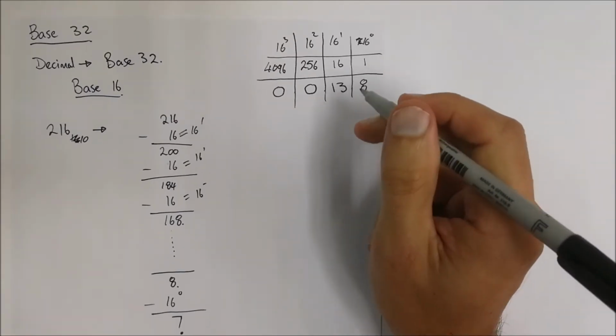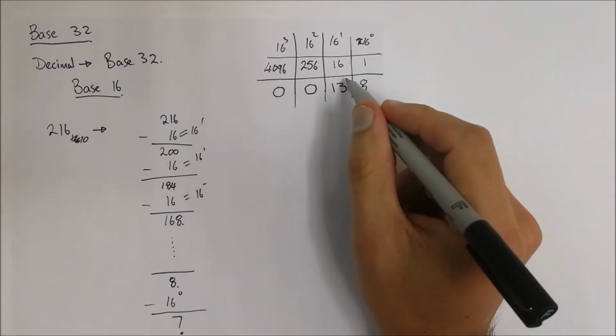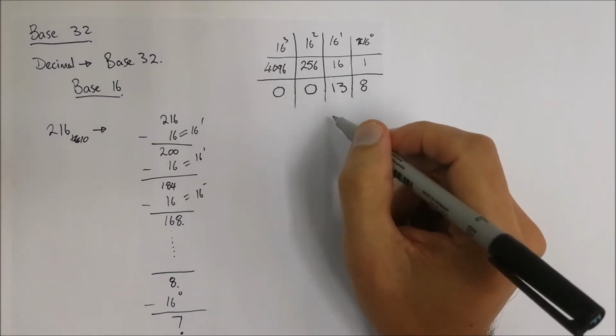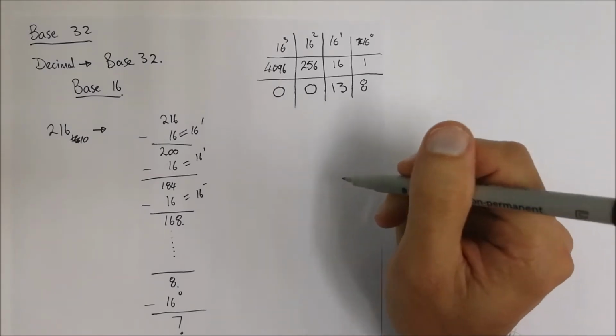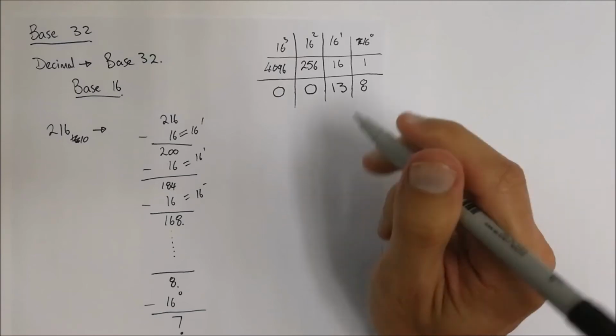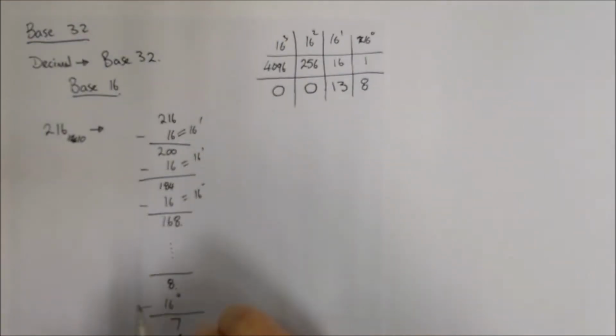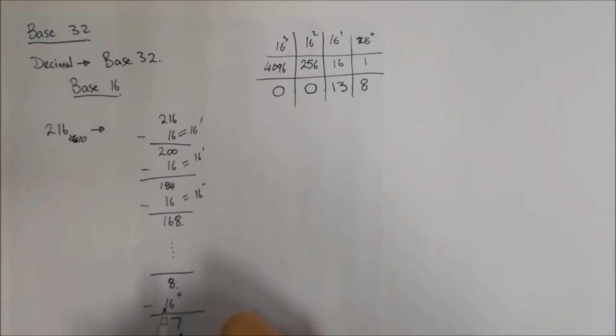So if we look at that, we cannot represent the number 13. We've got to represent it with a letter. So that's a little bit of recapping in terms of the base 16 number system, or your hexadecimal number system, and doing the conversion.